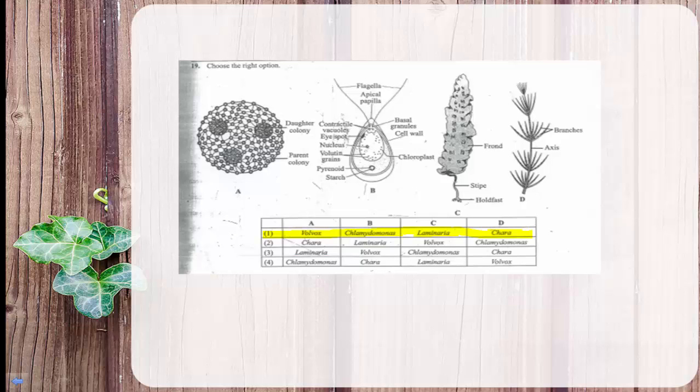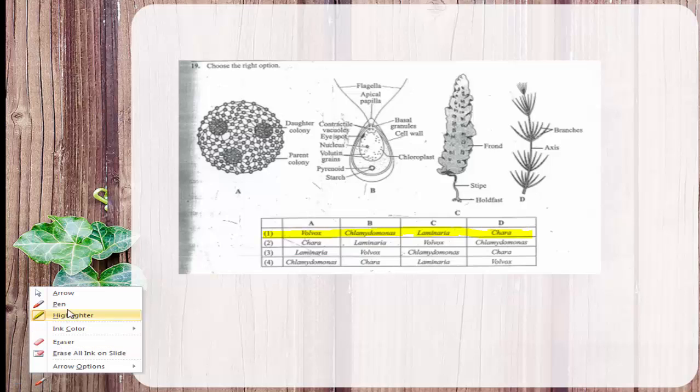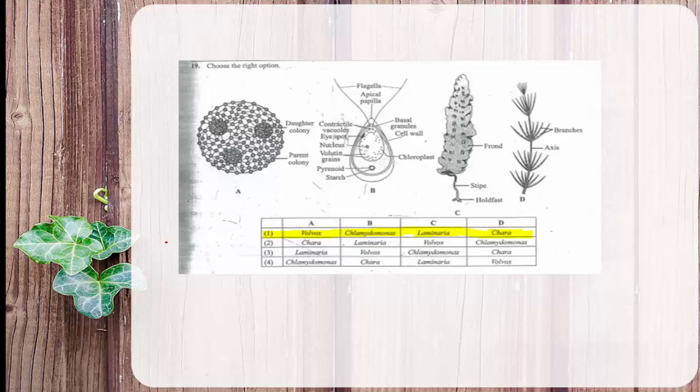So let us know to which group these algae belong. This is Volvox, and it is a member of green algae. Second one is Chlamydomonas. This is also a member of green algae.